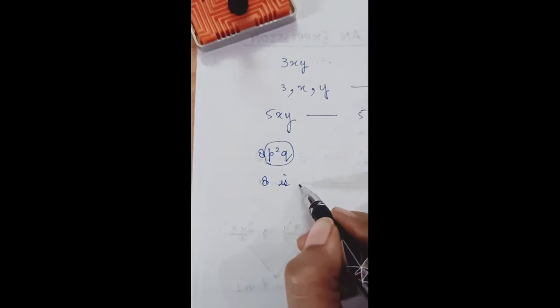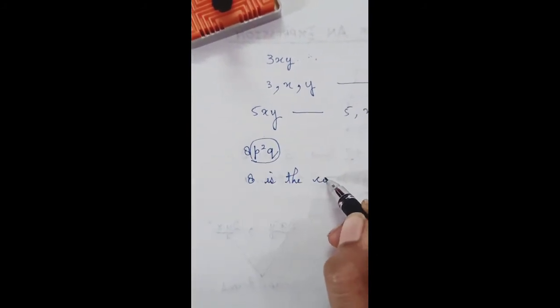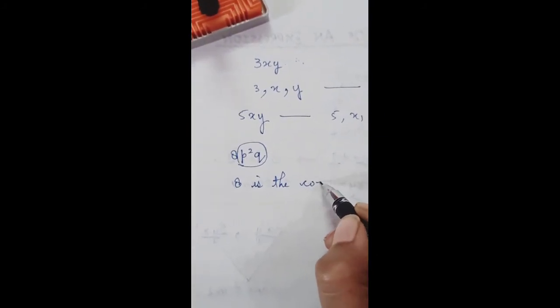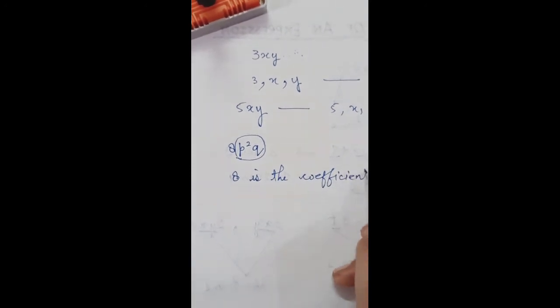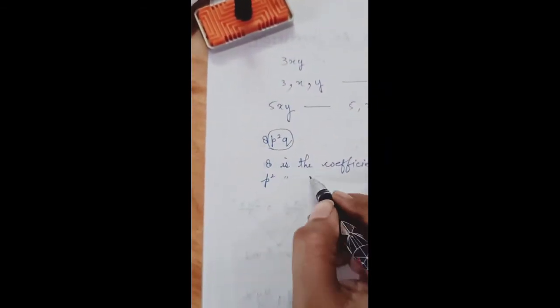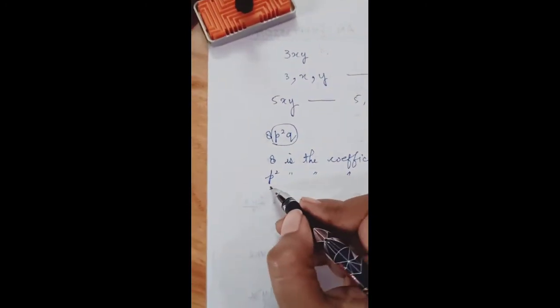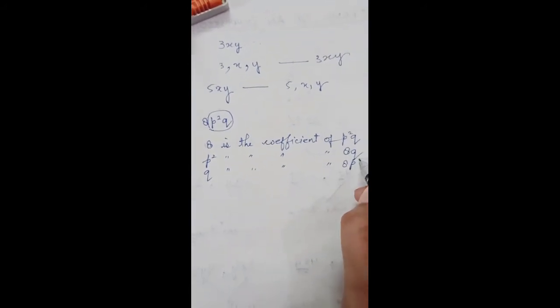Here 8 is the coefficient of p square q. P square is the coefficient of 8q. Similarly, q is the coefficient of 8p square. So any factor of a term is the coefficient of the product of the remaining factors.